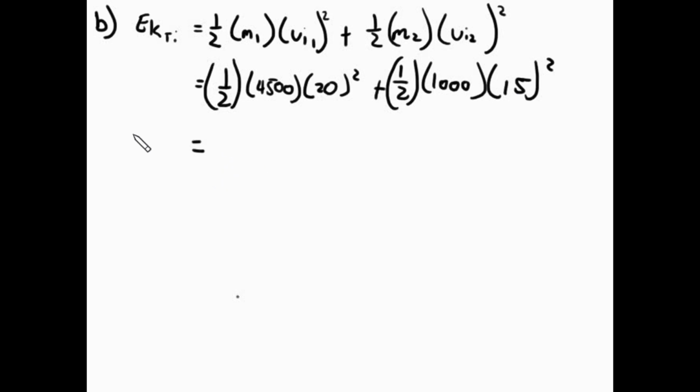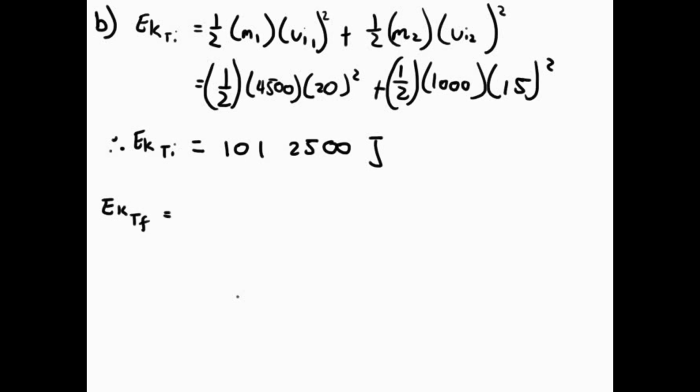Now if we punch that into our calculator, therefore EKTI will be equal to 101,002,500. Oh, I misread that number there.